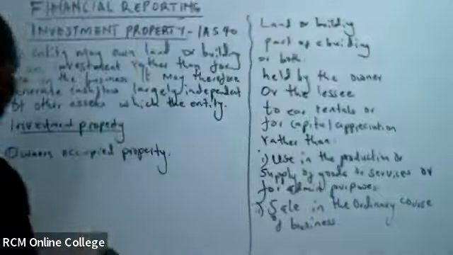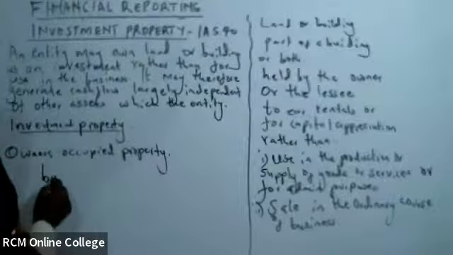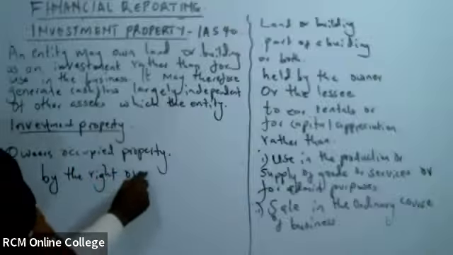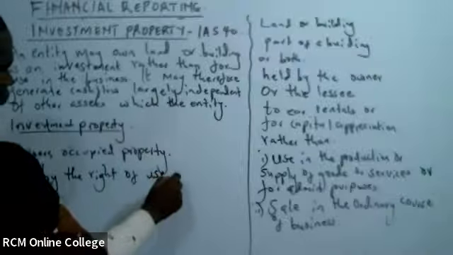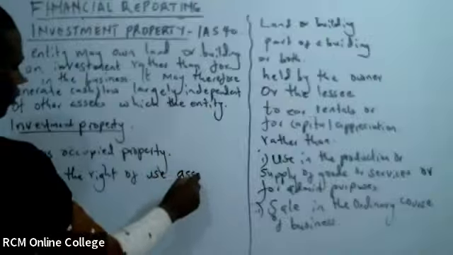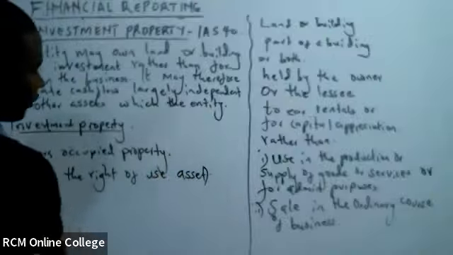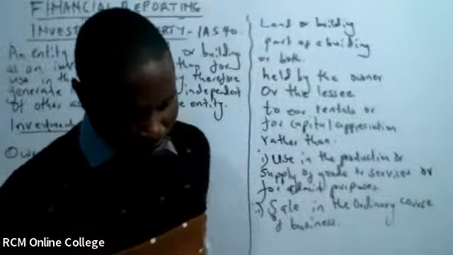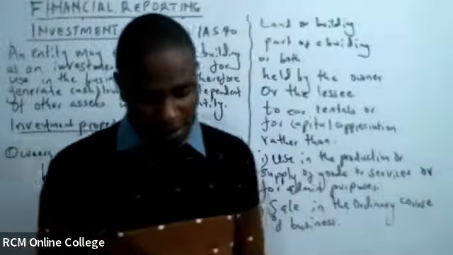So the lessee holds that by the right-of-use asset. Close the bracket.